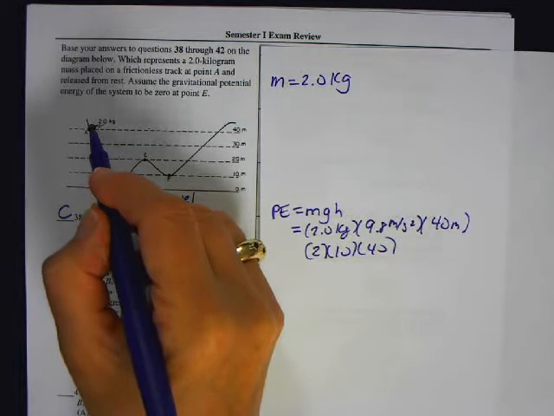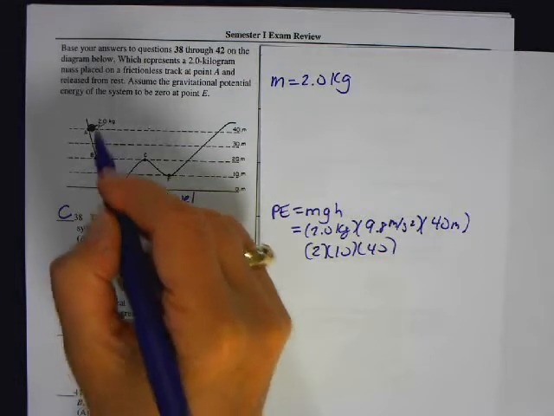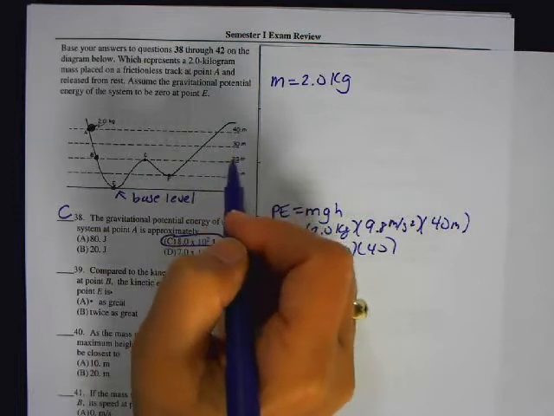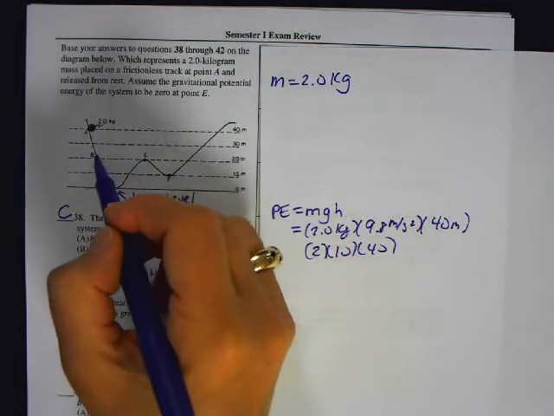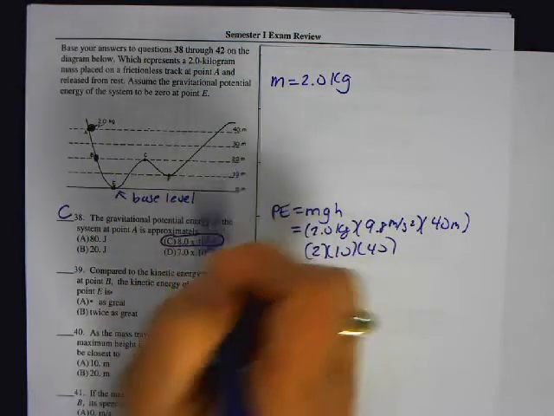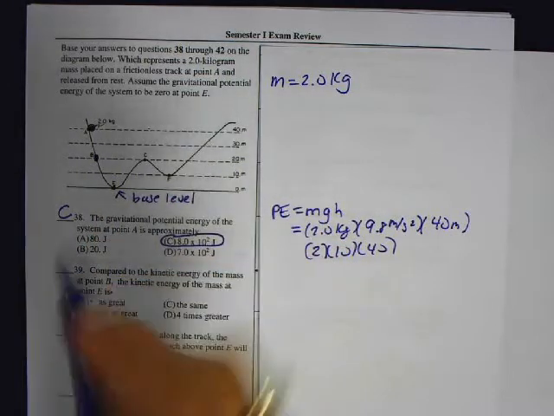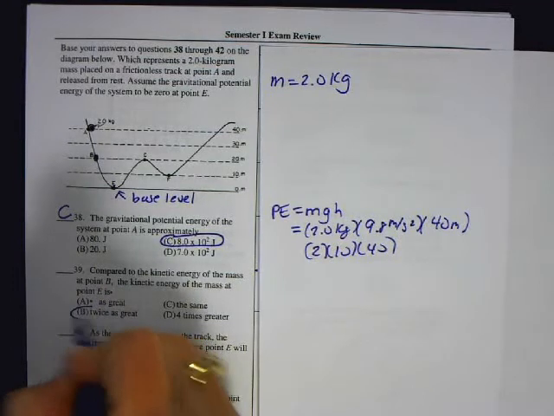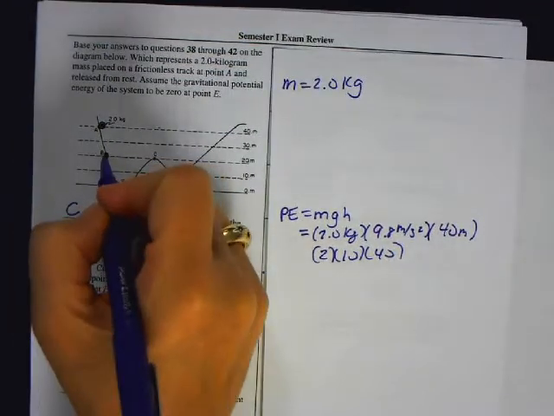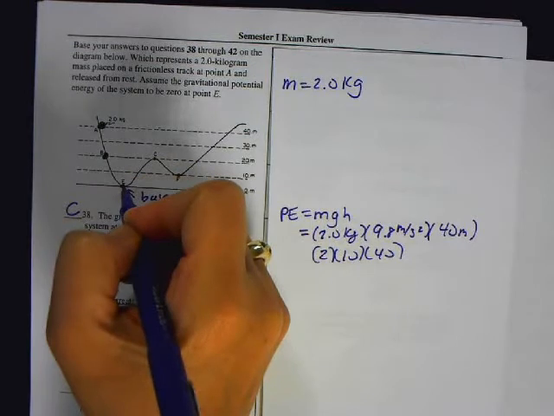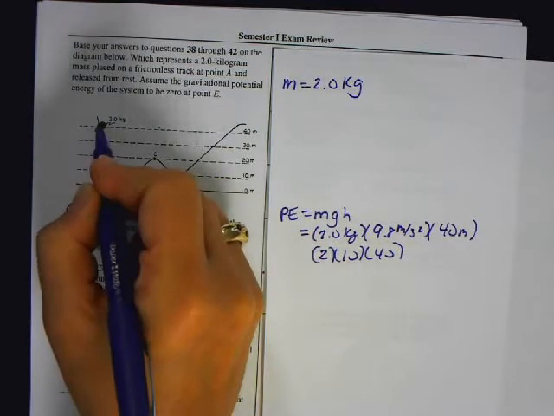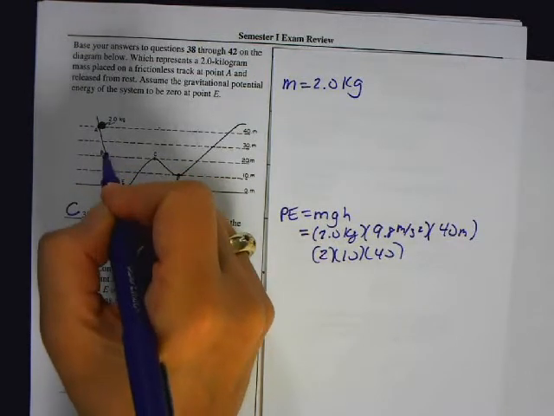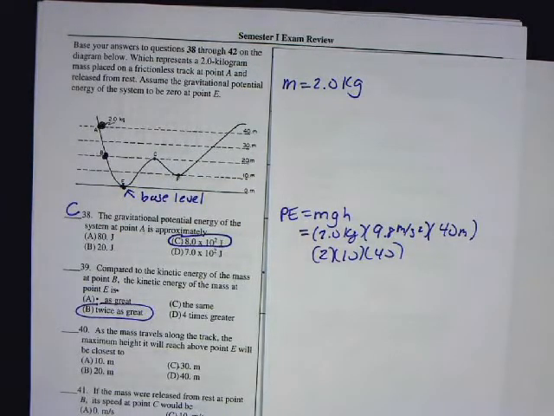Whatever I lose in potential, I gain in kinetic. So here, it's halfway, right? So I'm going to lose half my potential energy, and whatever I lose in potential, I gain in kinetic. So from here to here, it's also half. So this is going to be twice as great, because whatever the kinetic energy here is, it's actually going to be all kinetic here. So this is the total, which is 40. So this is halfway, and then this is another half.